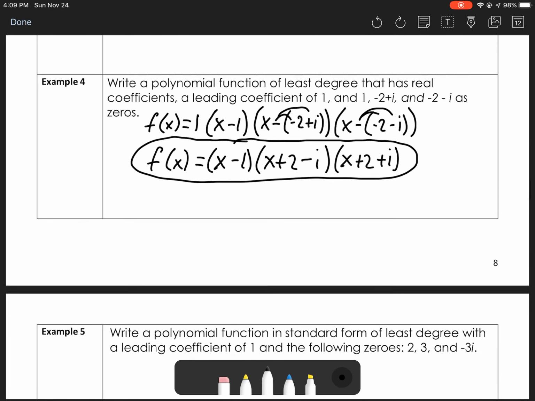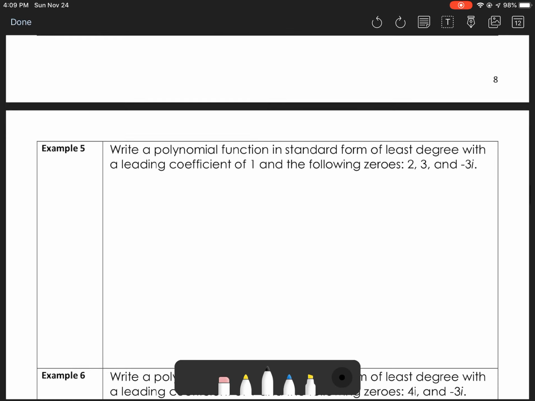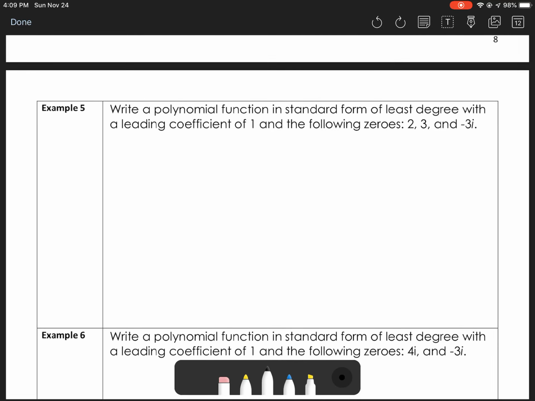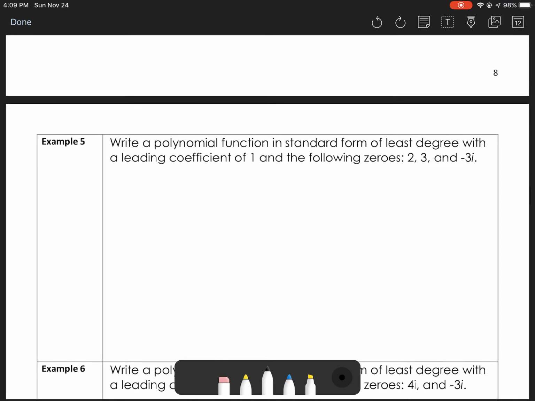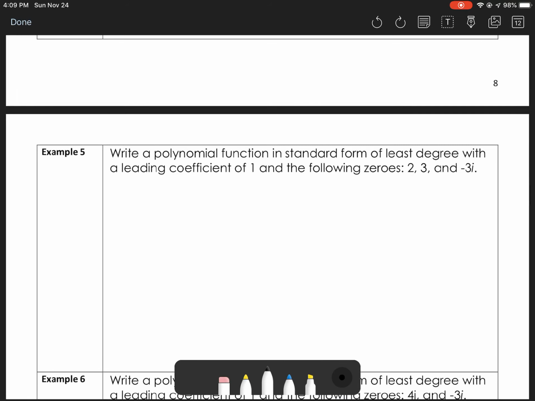All right, continuing on. We want to write a polynomial function in standard form of least degree with a leading coefficient of 1 and the following zeros, 2, 3, and negative 3i. Now we have to be careful with this problem because 2 and 3 are nice zeros, but negative 3i has to come with a partner. So the partner to negative 3i is plus 3i.